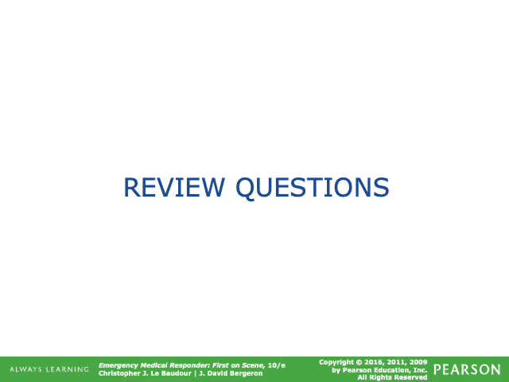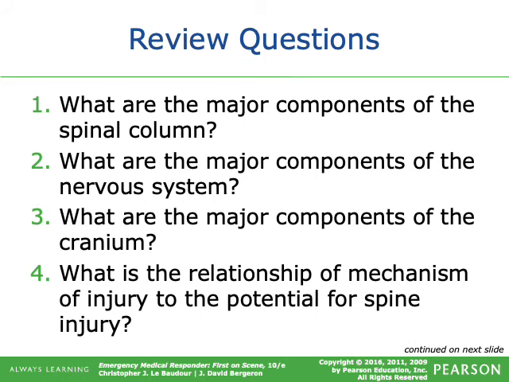Let's go over some review questions. What are the major components of the spinal column? You're going to have the cervical, the thoracic, the lumbar region. What are the major components of the nervous system? You've got the peripheral nervous system and the central nervous system.